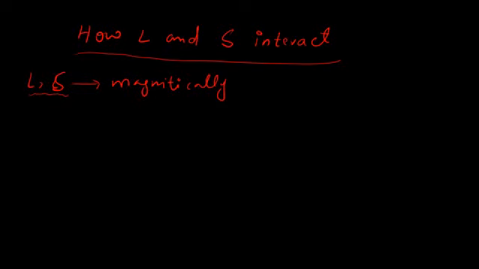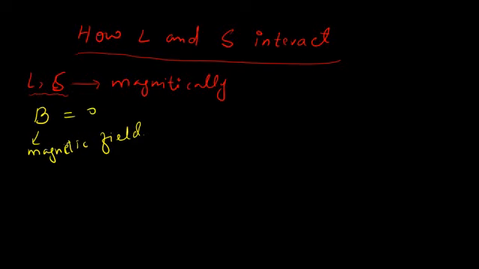For the first condition, let's suppose the magnetic field B is equal to 0. When there is no externally applied magnetic field, how do L and S interact to give us the total angular momentum J?